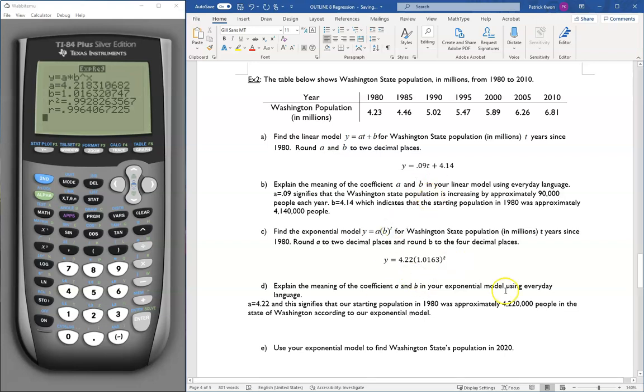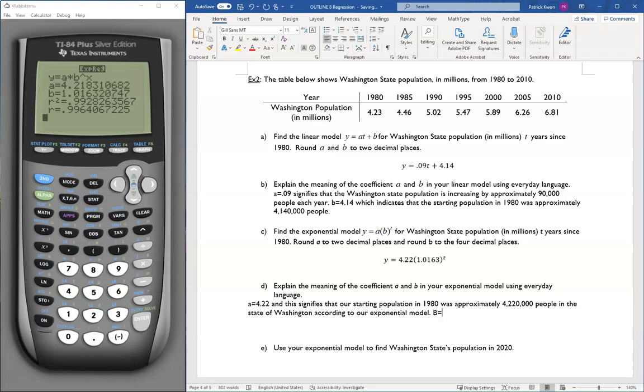Now, obviously if you look at the actual table and the actual data, that's slightly off. There was 4,230,000. This is saying 4,220,000. So yeah, it is slightly off, but for all intents and purposes, that is pretty close. Now let's talk about the B value.